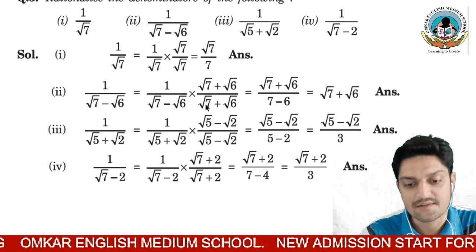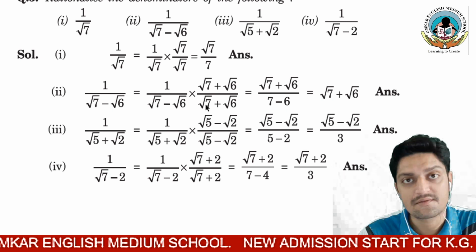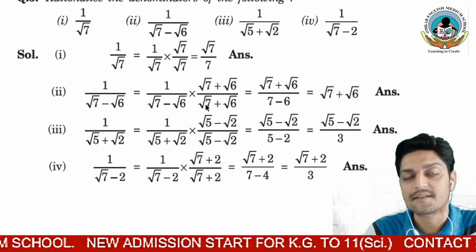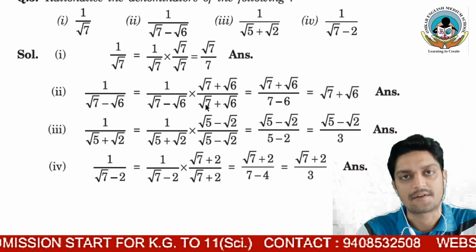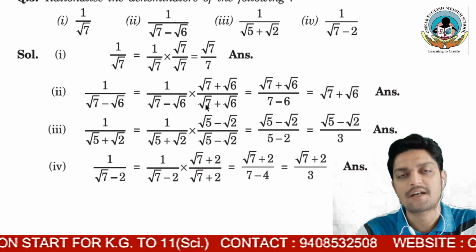One time plus, one time minus. This is like a plus b and a minus b. A plus b and a minus b means what? One time plus and one time minus means what? A square minus b square.